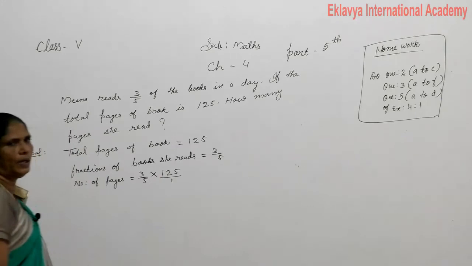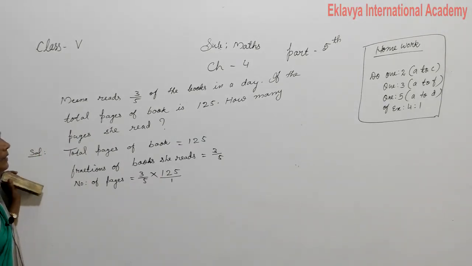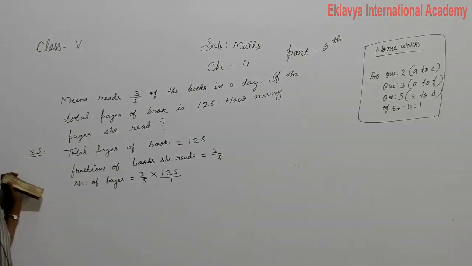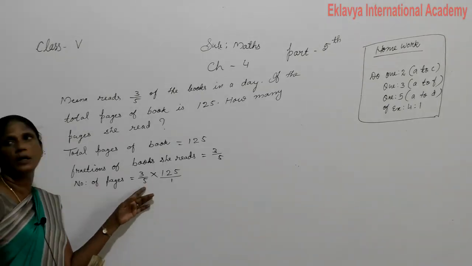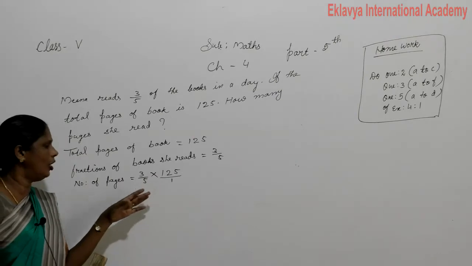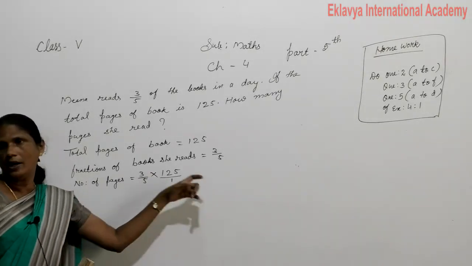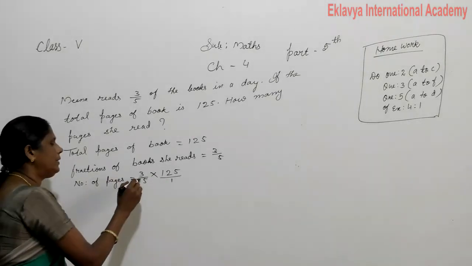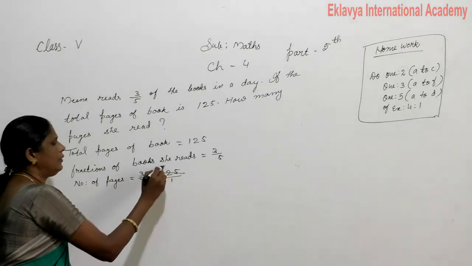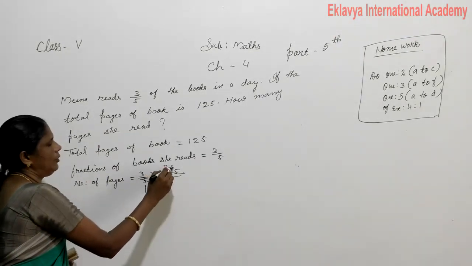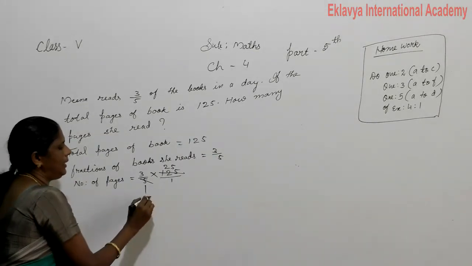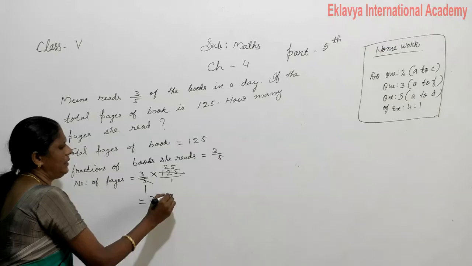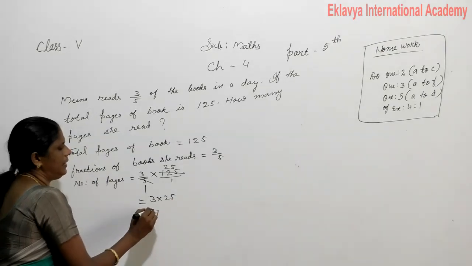Now there is no denominator here, so you write 1. Yes. Now, is there any common factor here? Yes, 5 is the common factor of 5 and 125. Then cut this one here, 1, then 25. So it is equal to 3 multiply 25, which is equal to 75.